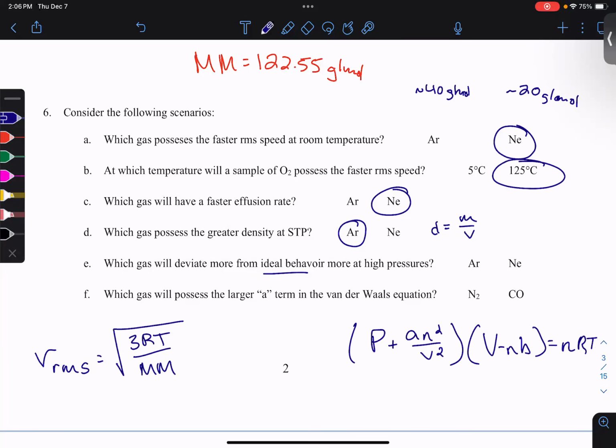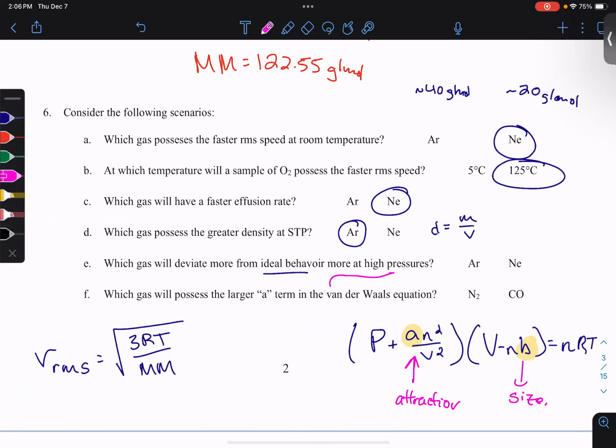It's not a learning objective to actually do a calculation using the van der Waals equation. Instead, it's more conceptual. Do we understand what this A term is and what this B term is? A, you told me, is for attractions, while B is related to what? Size, yes.